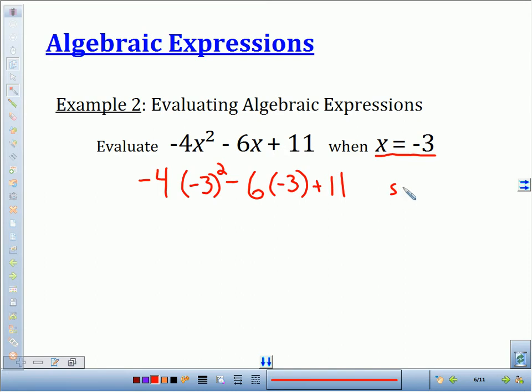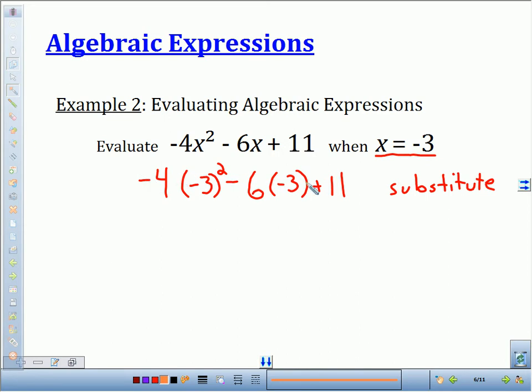So I've substituted in. That is the first step in an evaluate problem. The next step will be to begin the order of operations, because now this is not an algebraic expression. It's a numerical expression because it's all numbers.